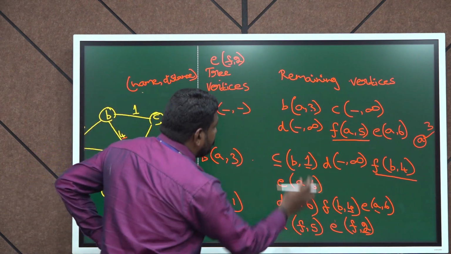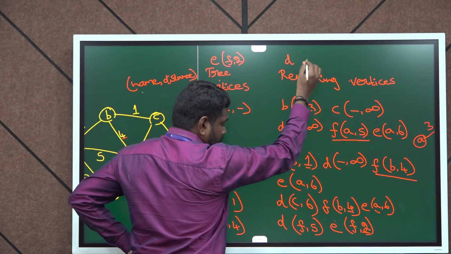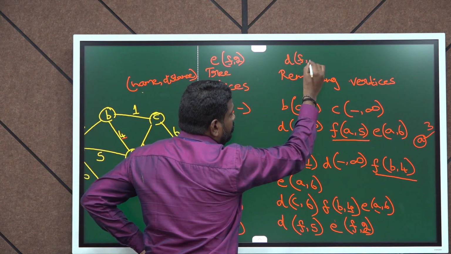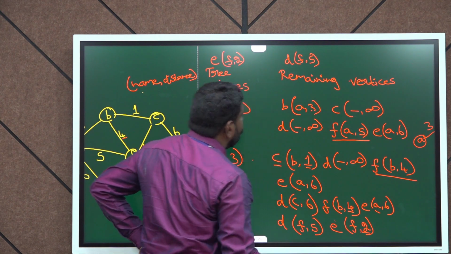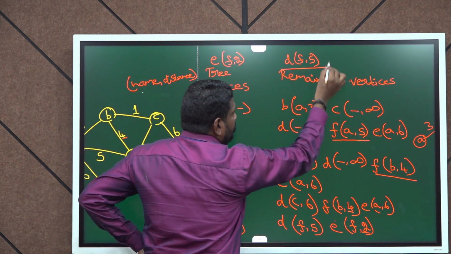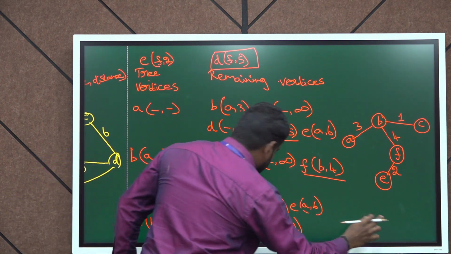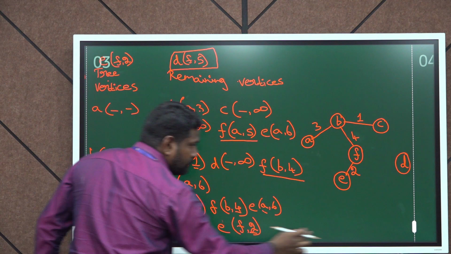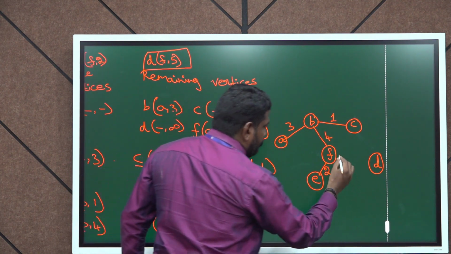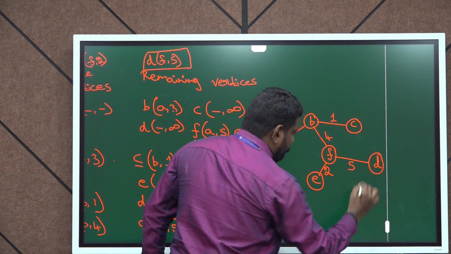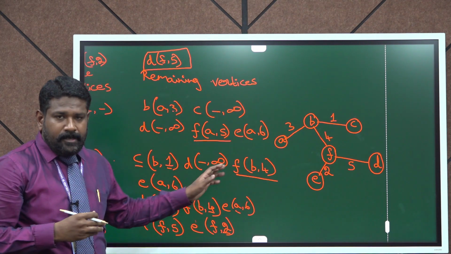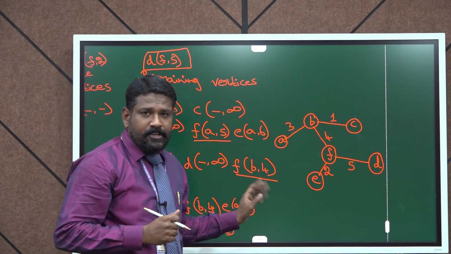So we are sticking with the previous value, D of F comma 5. So this is going to be the last edge. Here we are going to connect with 5. So this is the spanning tree for this given input graph.